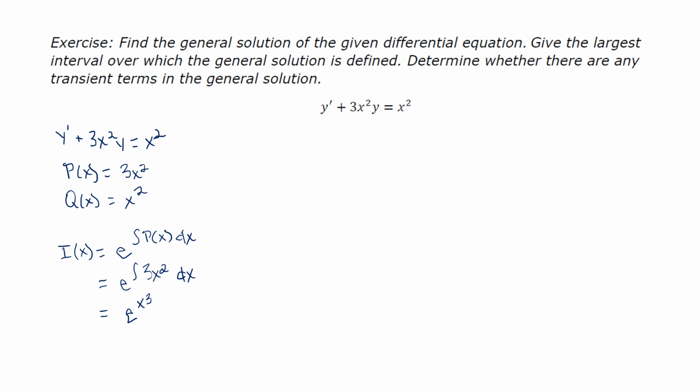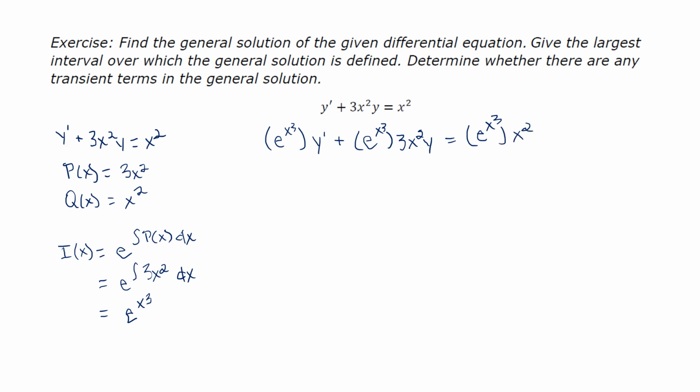Step 3, we're now going to multiply everything in the differential equation by I of x. So e to the x cubed times y prime plus e to the x cubed times 3x squared y equals e to the x cubed times x squared.